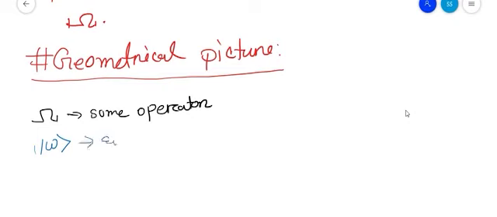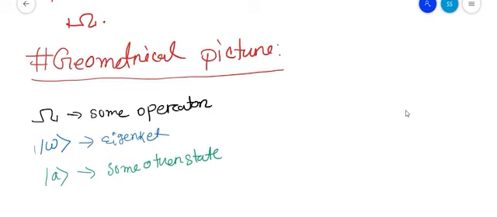So this will be my eigenket, and with green color I will represent another state. So this is some other state.